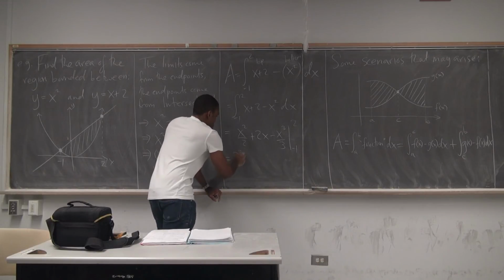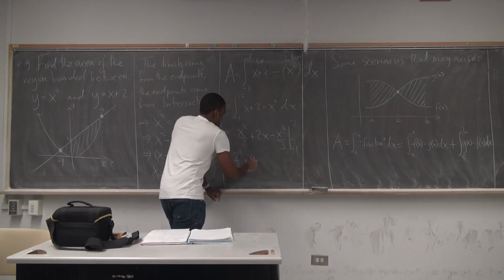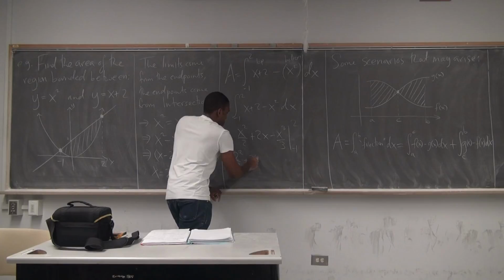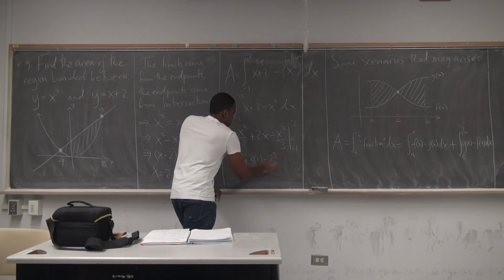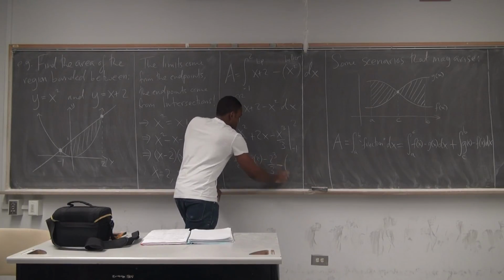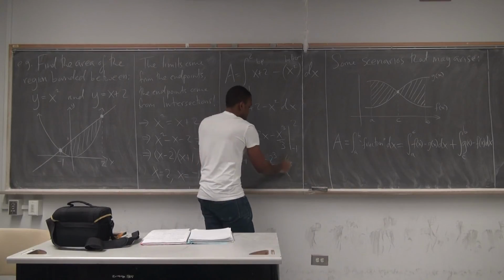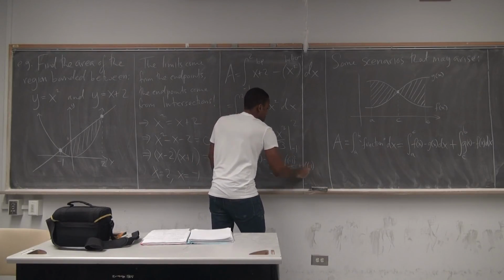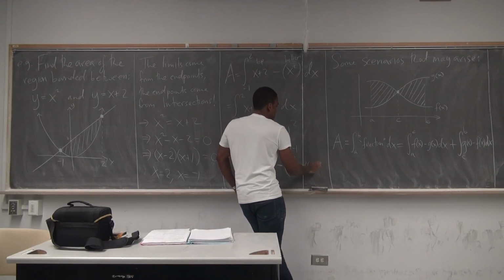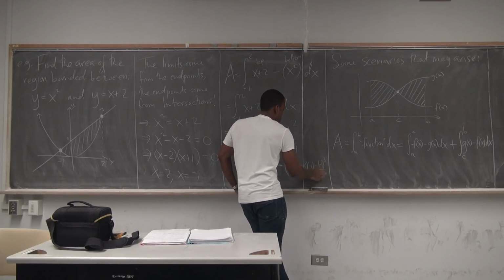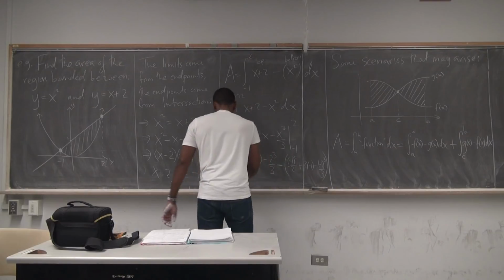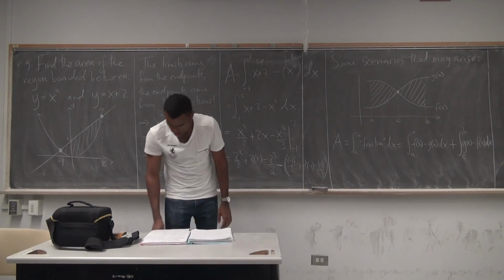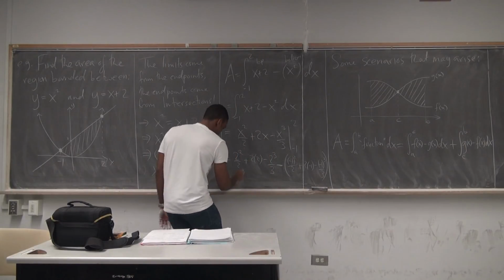So I'll have 2 squared over 2 plus 2 times 2 minus 2 cubed over 3, minus parentheses, minus 1 squared over 2 plus 2 times minus 1 minus minus 1 cubed over 3. And I think I completed that. The answer would be 9 over 2.